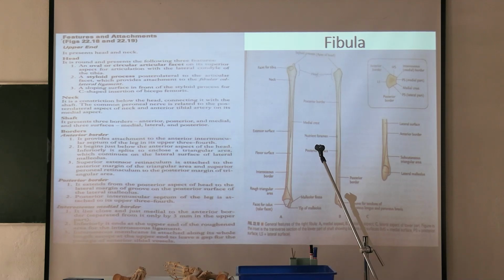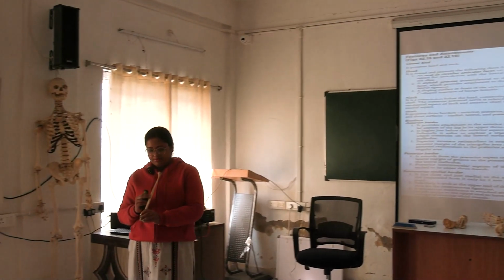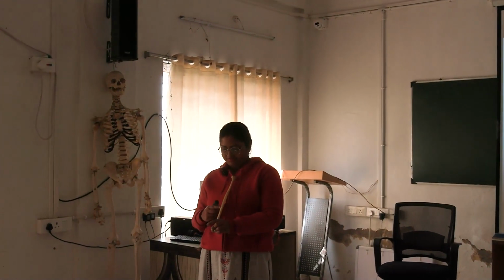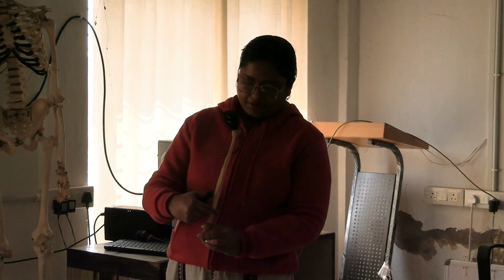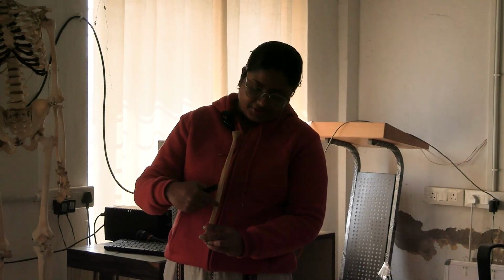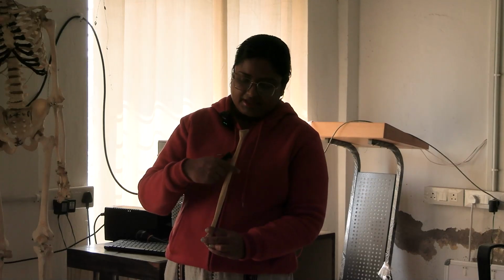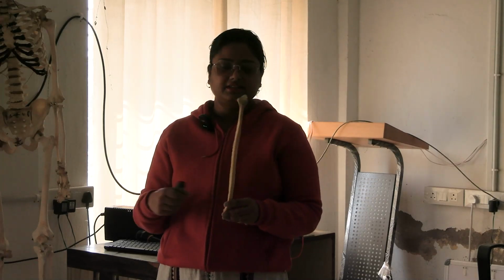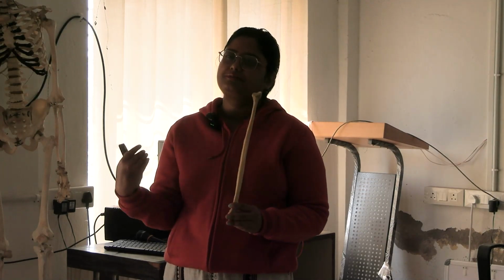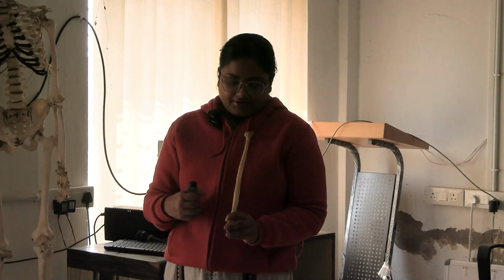So here is the anatomical position. This is the anterior border. Beside this sharp border is the interosseous border. Here is the posterior border, and this prominent part is the medial crest, which divides the posterior surface into medial and lateral parts.